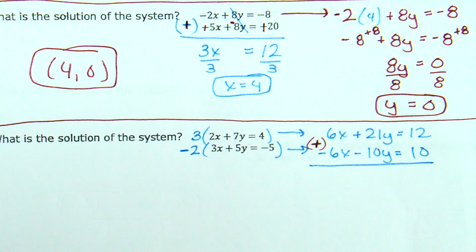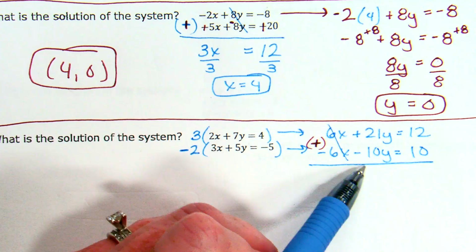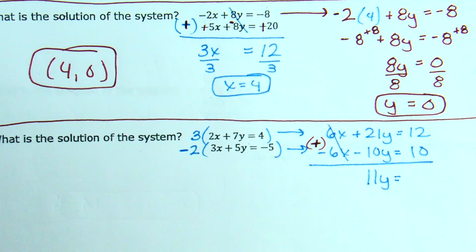That's where I tend to go, opposite signs so we can add. 6x plus negative 6x, it cancels. 21y plus negative 10y is 11y. 12 plus 10 is 22. If 11y equals 22, divide by 11, and y is 2.